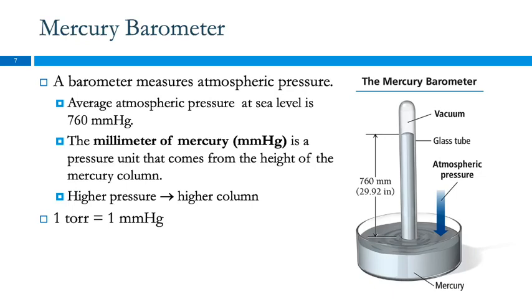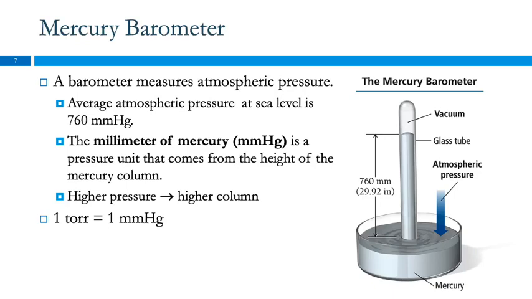So the exterior pressure can be measured with a ruler. You can measure the height of the column of mercury, and at sea level that's about 30 inches, 29.92 inches or 760 millimeters. And that's where this kind of strange unit, millimeters of mercury, came from.